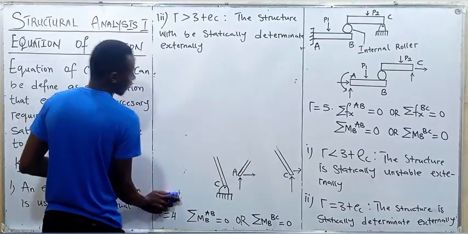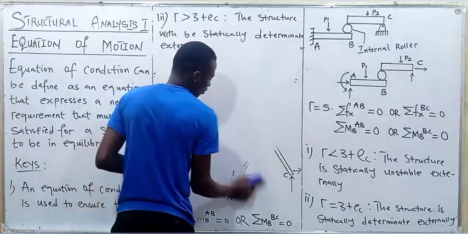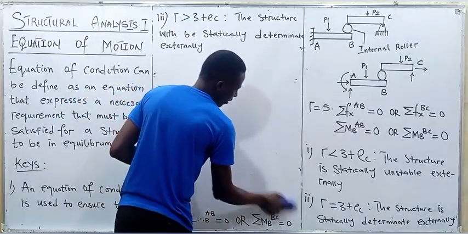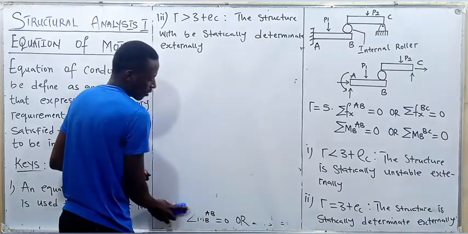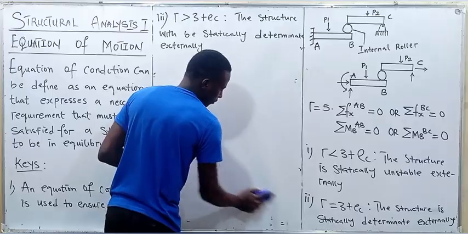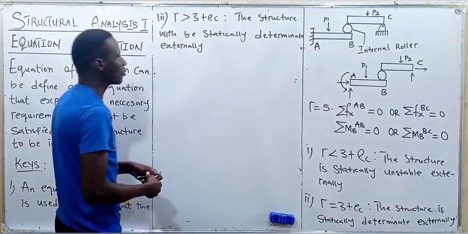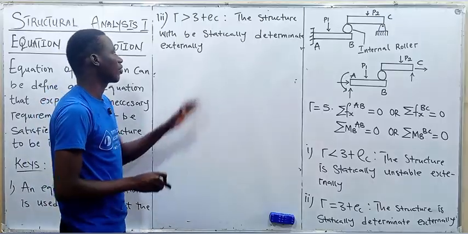R is nothing but reactions, and these reactions are from the support. So whatever conditions you have, it has to be labeled externally.